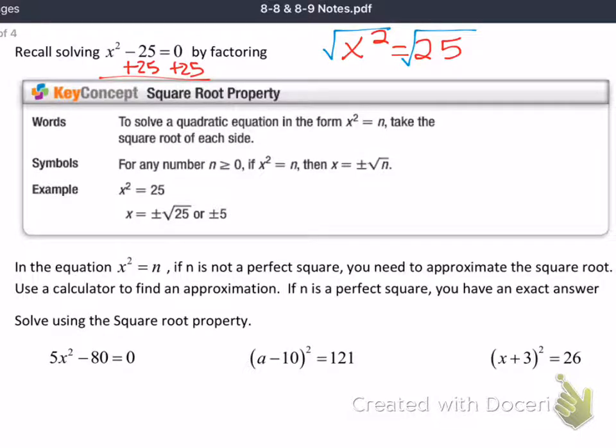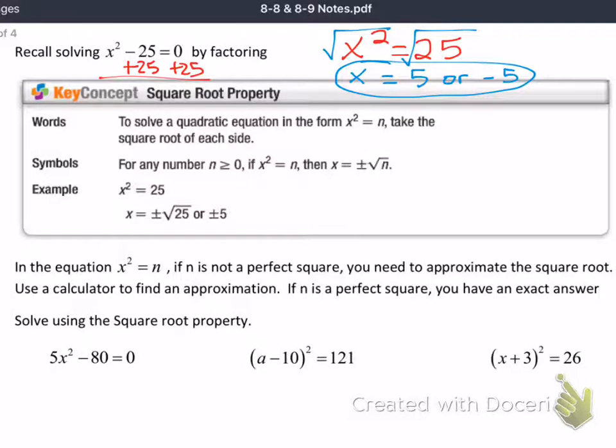The square root of x squared is x. The square root of 25 is actually two answers, +5 or a -5. Because think about it. 5 squared gives you 25, but also -5 squared gives you 25. And so this also gives us the same exact answer.